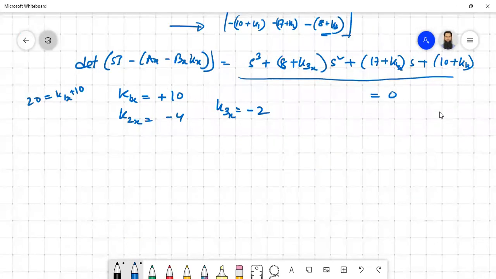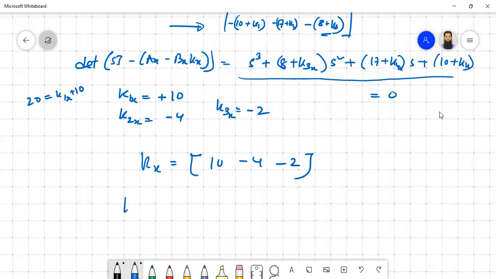So we have done the designing in the x variable, that is the phase variable. So Kx is basically 10, minus 4, minus 2. Next we have to find out what Kz is. That is what you're looking for.